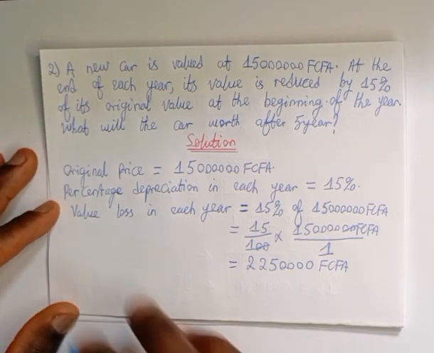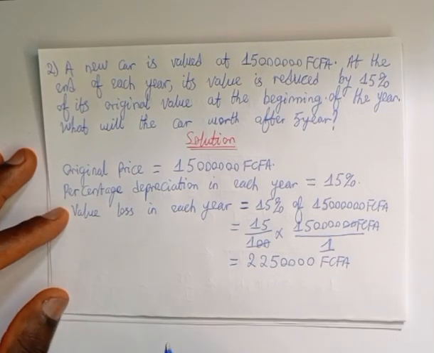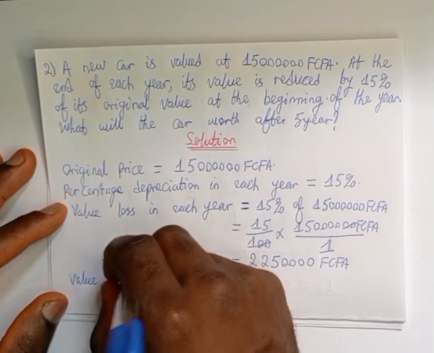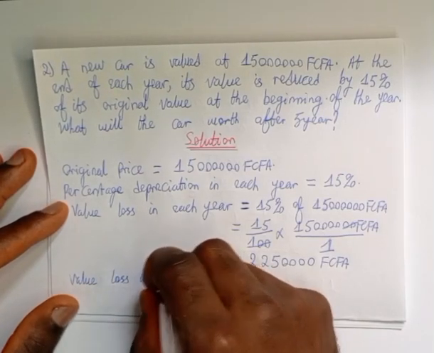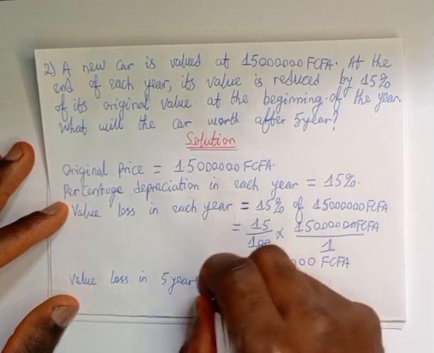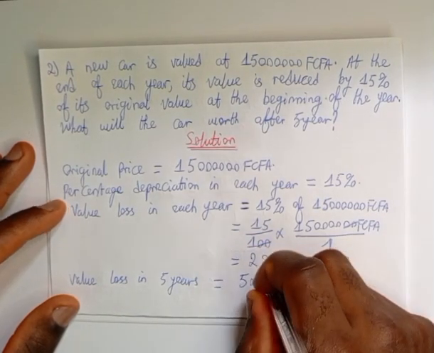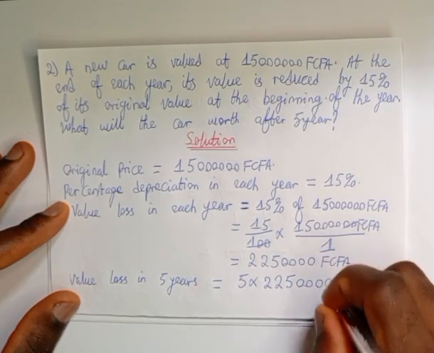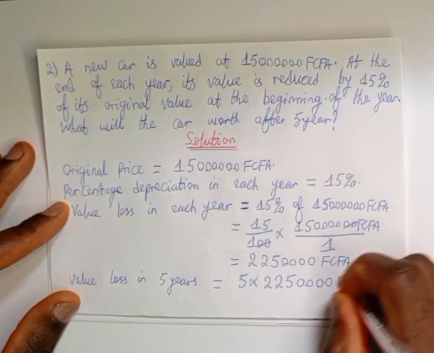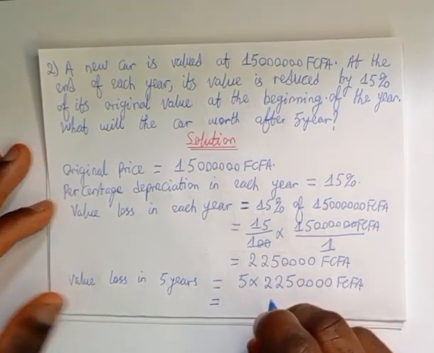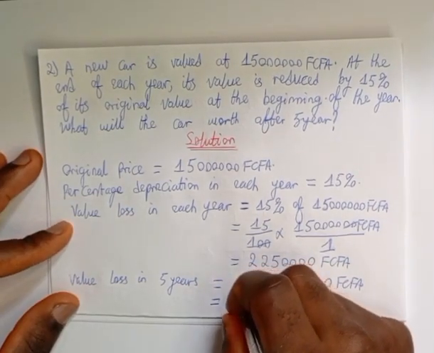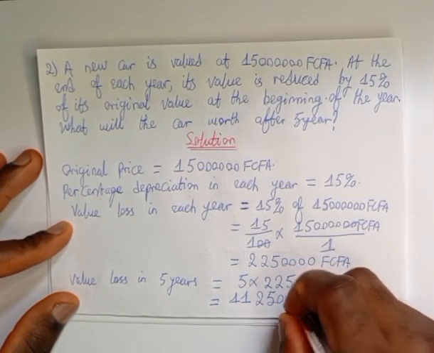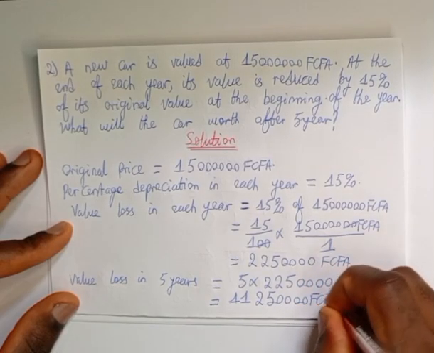Now let's find the value loss in 5 years. Value loss in 5 years will simply be equal to 5 times the depreciation each year, which is 2,250,000 francs CFA, and this will be equal to 11,250,000 francs CFA.